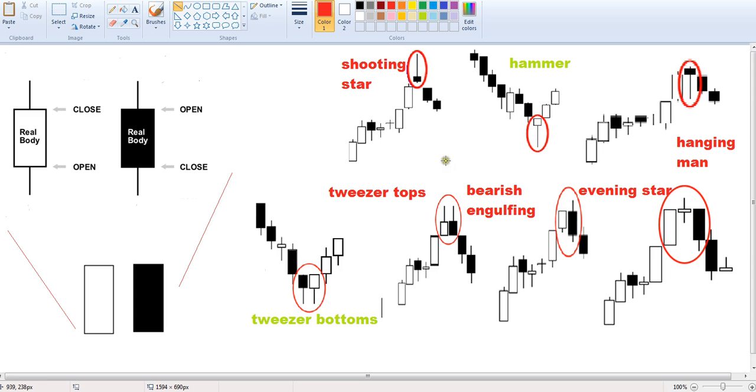So basically look for shadows where the shadow is larger than the body. That's a sign of quick price rejection. That's a sign of someone or a group of people or the market itself, however you want to think of it, rejected the price and then went back down.